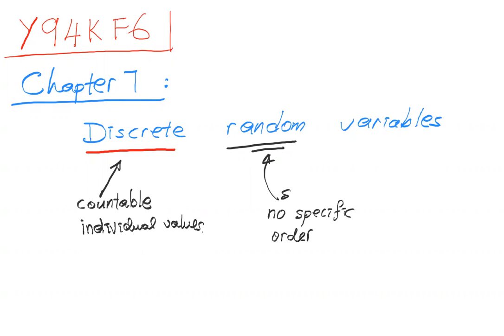You select without specific order. That's called random. Variable, you know, the value that can change. Okay? So this is what we are going to discuss for this whole chapter.